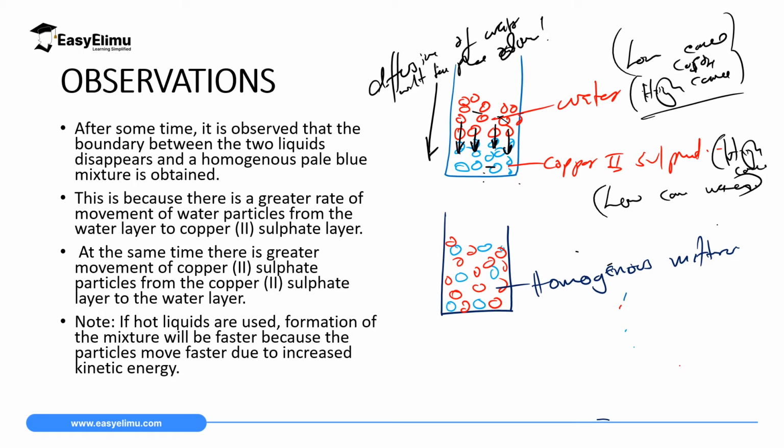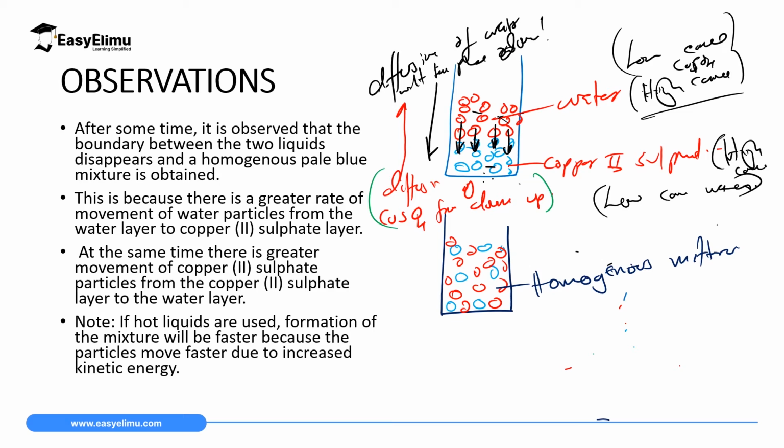At the same time, copper 2 sulfate will diffuse from where it is highly concentrated, so we have diffusion of copper 2 sulfate from down upwards, and water molecules will diffuse from up downwards.